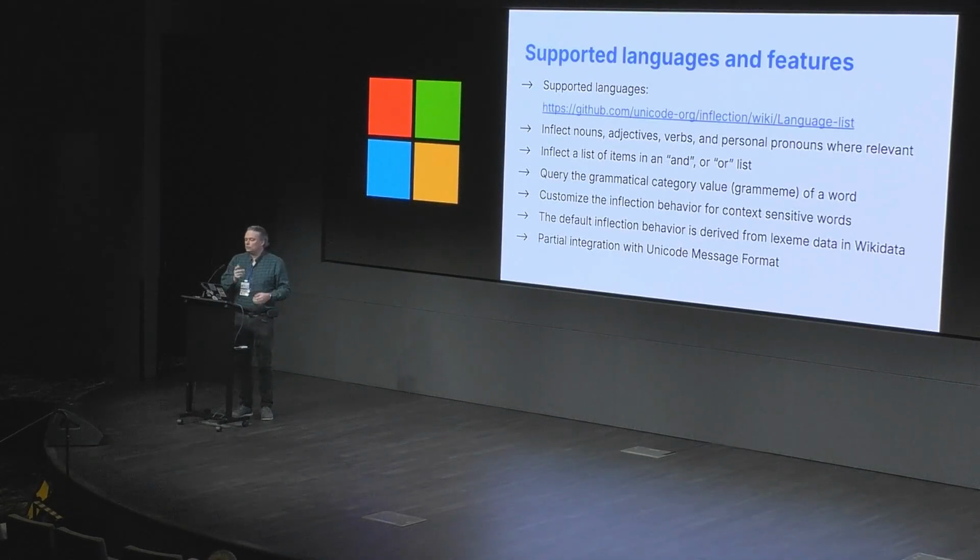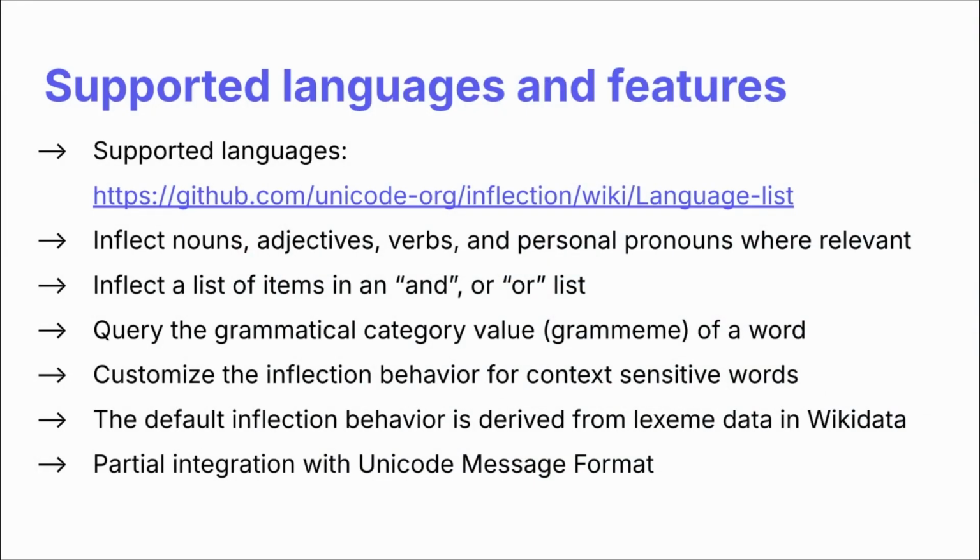So the things that it does: it will inflect nouns, adjectives, verbs, and personal pronouns. We can inflect a list of items, like an "and" list, a list of things that you join with "and", or an "or" list. You can query the grammatical category value, also known as a grammeme, of a word.